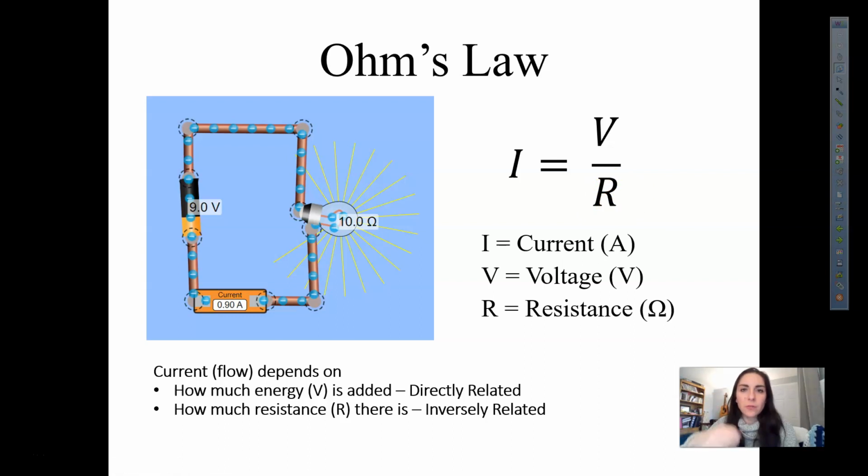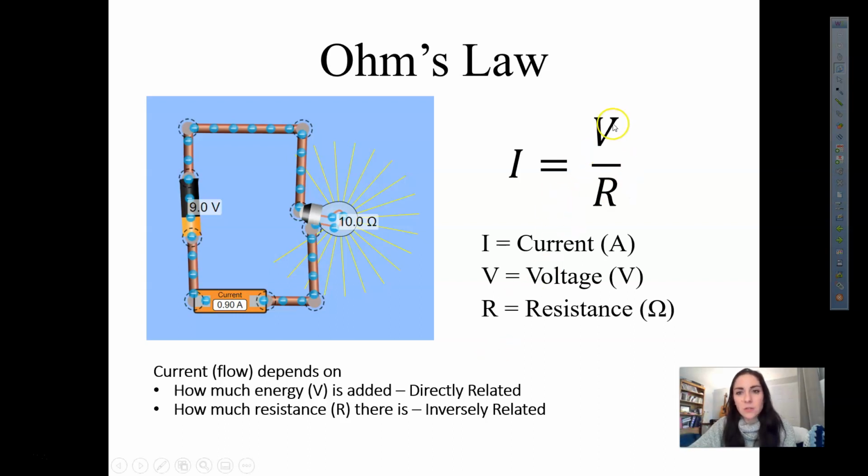Hopefully that makes sense too, because as you add more friction in your circuit, the current is going to move slower. If you think of a river, if you start adding obstacles like fallen trees or rocks, the current is not going to flow as fast as if you just had it wide open.